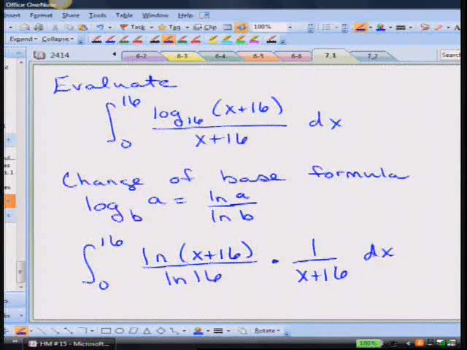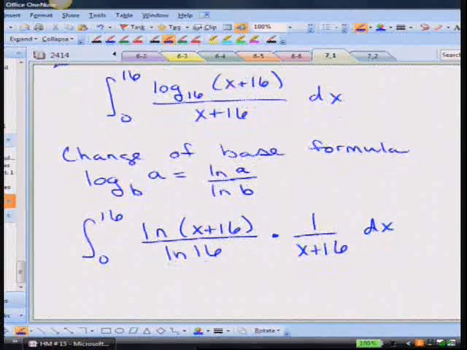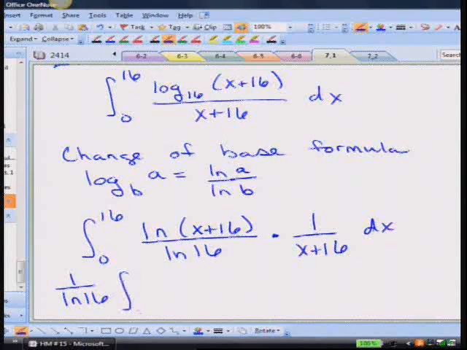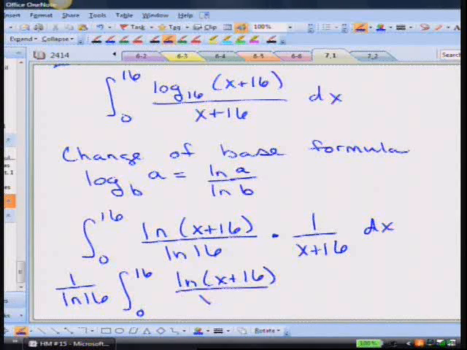Now, remember that ln 16 is just a number, so you can pull that out in front. So you have 1 over ln 16 times the integral from 0 to 16 of ln of x plus 16 over x plus 16 dx.